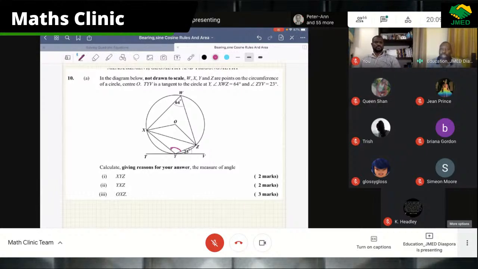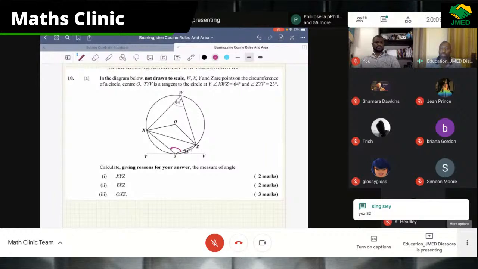Okay, cyclic quad rule. I agree with that somewhat.